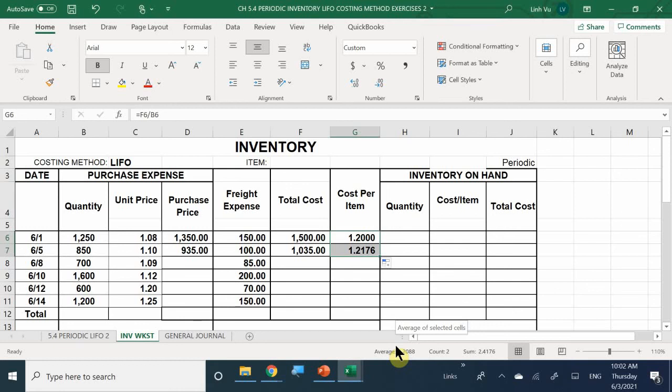So for this class, I want a precise number.